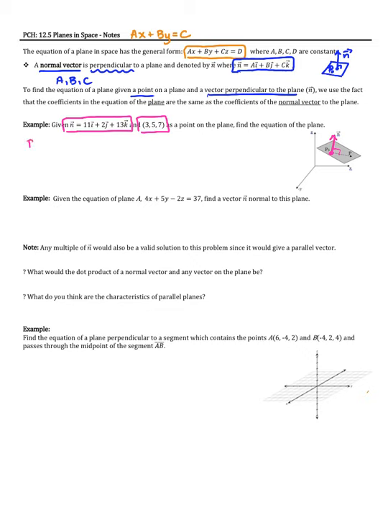So we start off with the equation of the plane, which is ax plus by plus cz equals some constant d. Since they gave us the normal vector, we know that a equals 11 and b equals 2 and c equals 13.